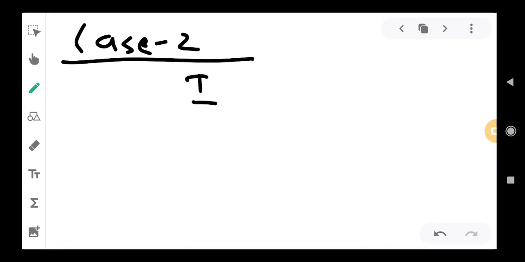Now we will move to the next case. Case 2. We are taking I as a bounded interval.